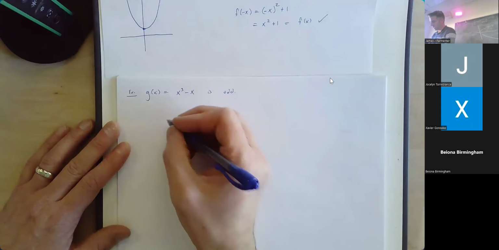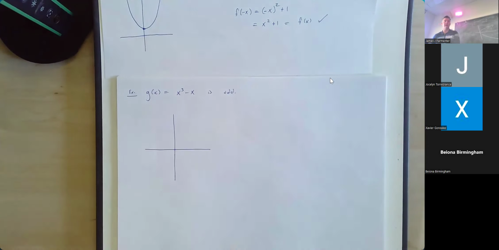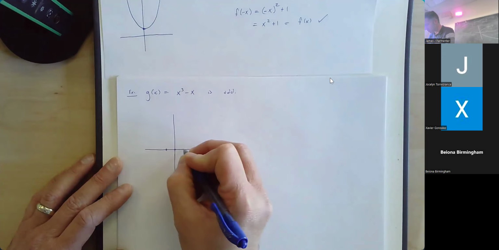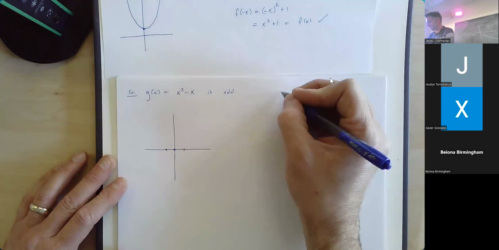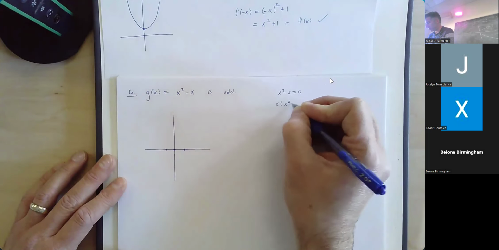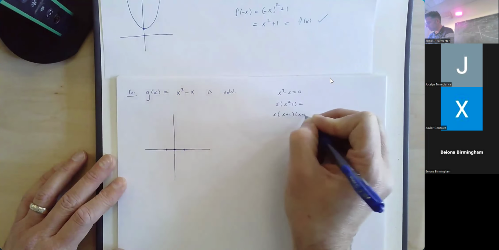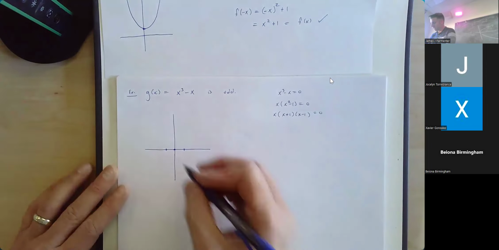It's going to look like a cubic function. It's got intercepts at -1, 1, and 0. Which you could find by setting x cubed minus x equal to 0, factoring out an x, and then factoring x squared minus 1 as x plus 1 times x minus 1. And that's how I got the 3 intercepts. And here's what the graph looks like.